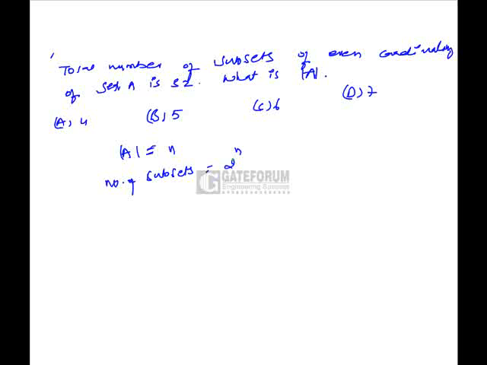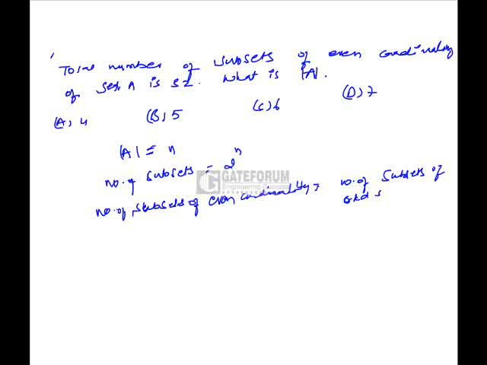2 power n. And the number of subsets of even cardinality is equal to the number of subsets of odd cardinality, which is equal to 2 power n minus 1.